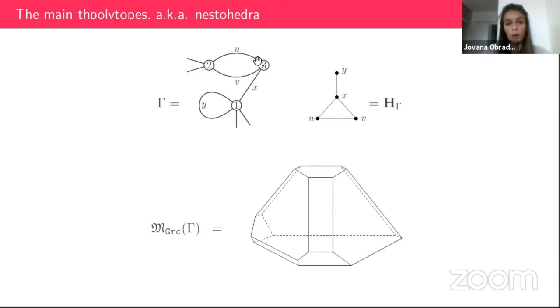Okay, so we have X, Y, U, and V. Then two vertices in the hypergraph will be connected by an edge whenever, as edges of gamma, they share a common vertex. So starting from a graph gamma like this one, we build the hypergraph H gamma in this way, and then we prove that the faces of the corresponding hypergraph polytope actually correspond to the elements of the free operad that defines our minimal model.